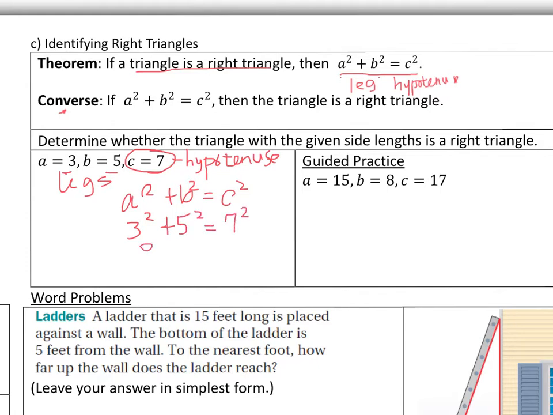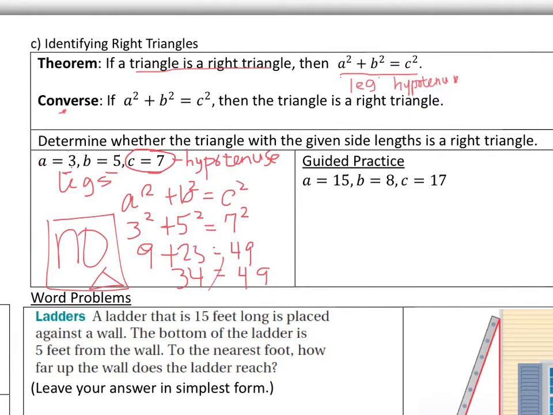Let's find out. 9 plus 25 equals 49? It doesn't. So given these three lengths, 3, 5, 7, it isn't a right triangle. Let's do another one.